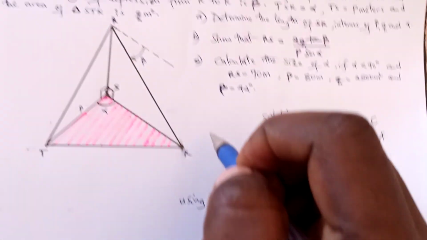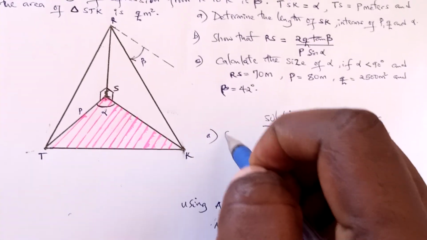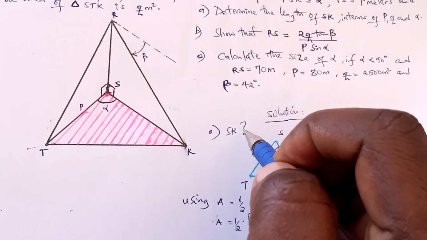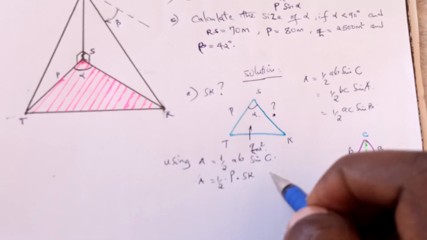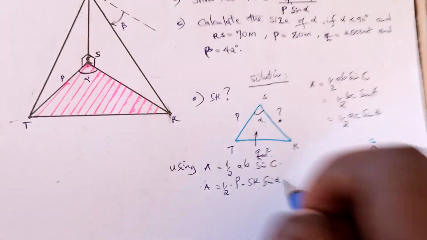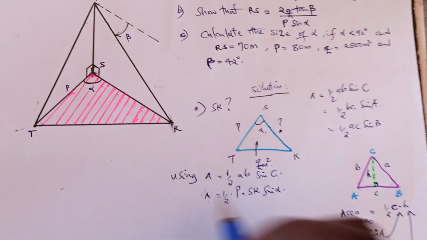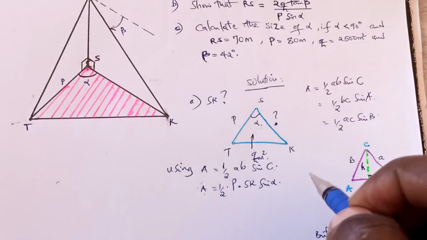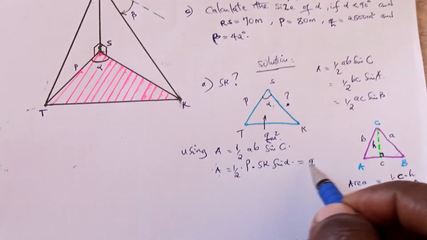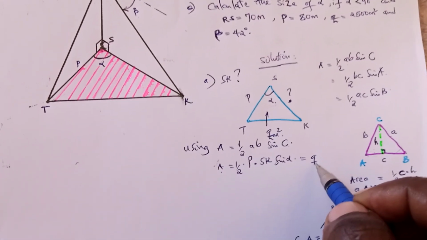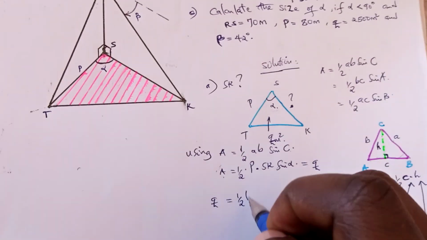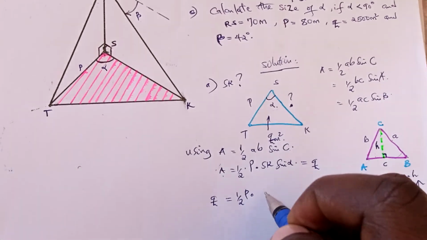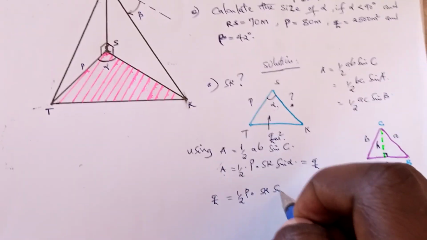Remember, the question requires us to find SK. That is part A. Sine alpha. But what is our area? Our area is A. Q square meters. So this is Q. So where we have A, we substitute. Q is half of P times SK sine alpha.